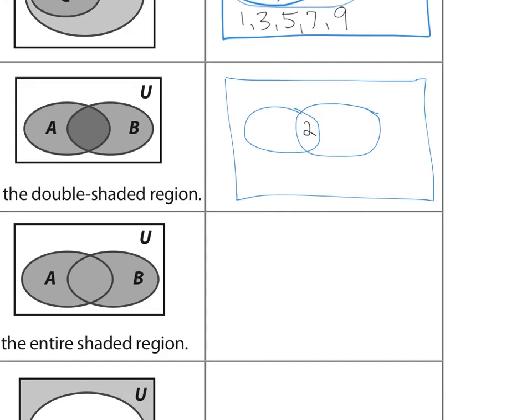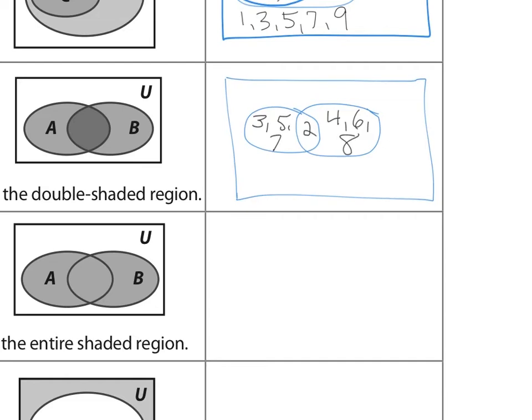So we're going to put the rest of the numbers in set A into oval A here. So 3, 5, and 7 are the other 3 prime numbers, and 4, 6, and 8 are the other even numbers. Now we need to talk about what other numbers are not being used.